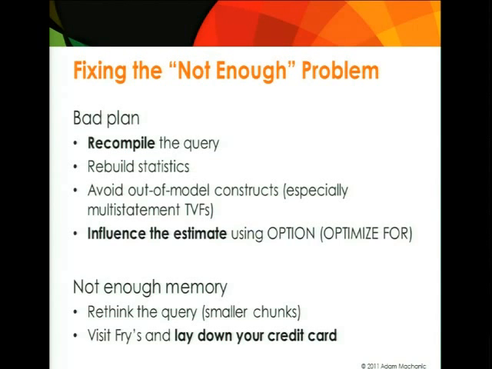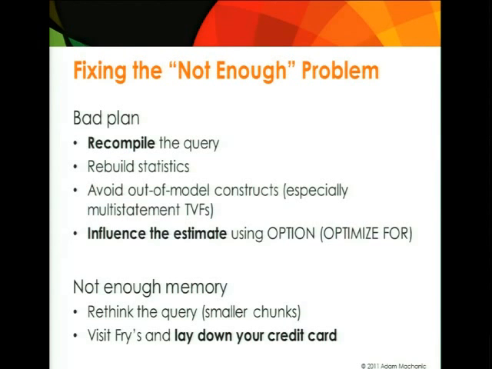The worst out-of-model construct that you can use is a multi-statement table-valued function. If you have a multi-statement TVF that returns 1 million rows, how many rows is it optimized for? 1. Always 1. Therefore, you will have a memory grant of 1. Always 1. That does not spell good performance.